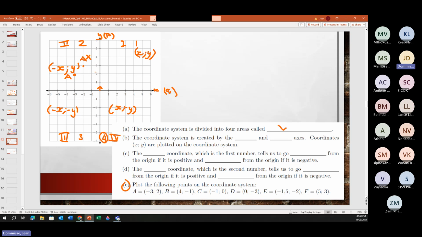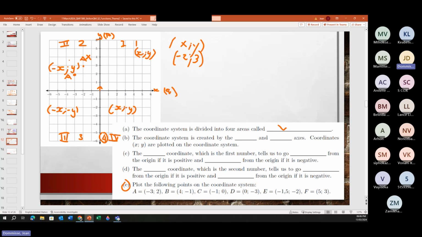That is again why it's important, because here that one would have been minus 2 and 3, so very close. If you didn't know that X is first and Y is second, you might have plotted it wrong.